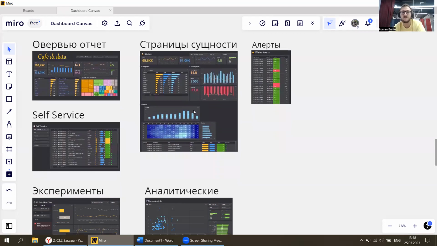So if you create such a dashboard system, I think you wouldn't need to place all things in one dashboard. So I would go this way.